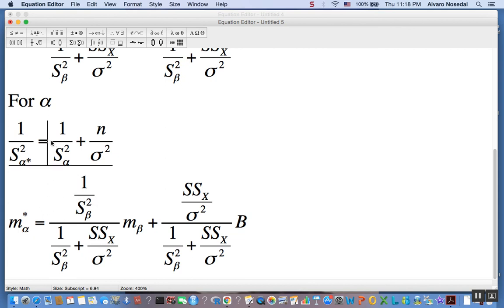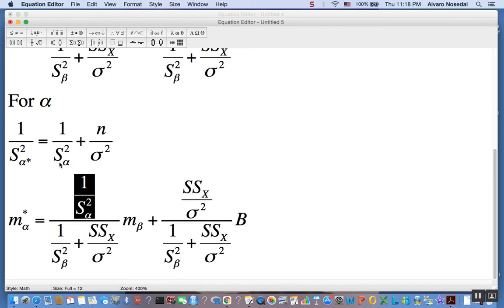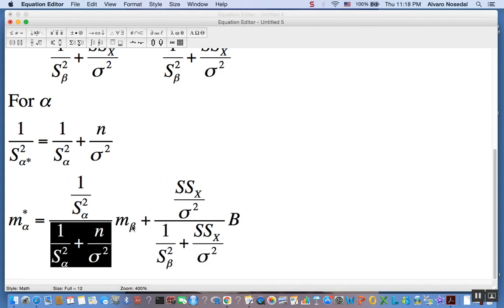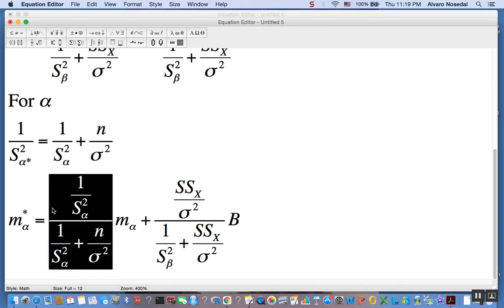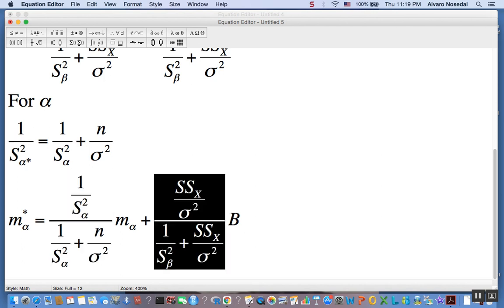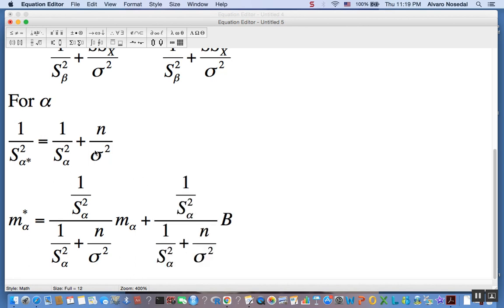So we know that what we need is the prior precision divided by the posterior precision, then prior mean for alpha, and then instead of having the prior precision, we're going to have the sample precision times, and before it was y bar when we were talking about the mean mu, but let's see what it is in this case.